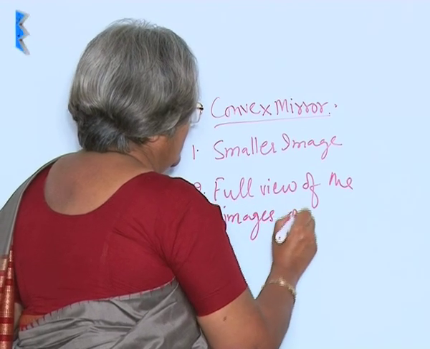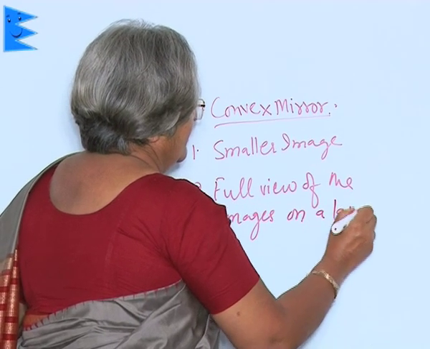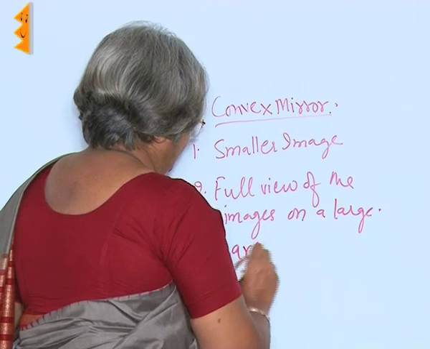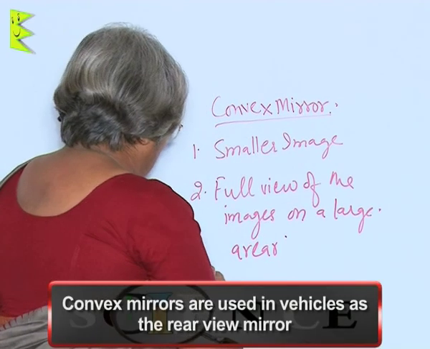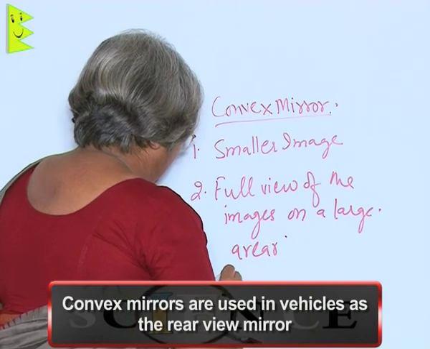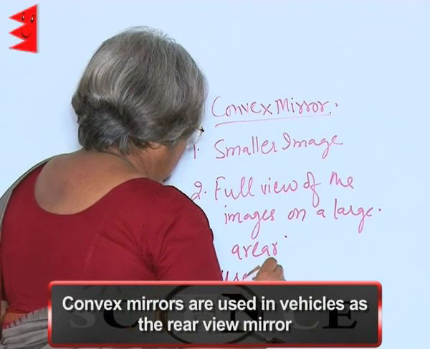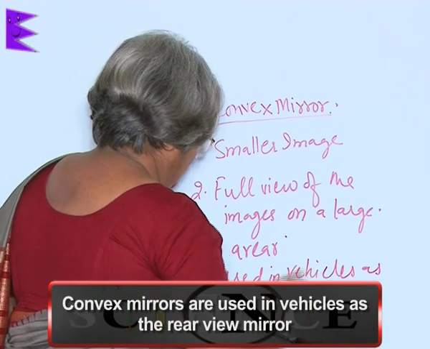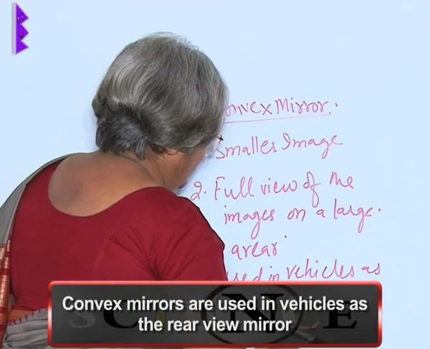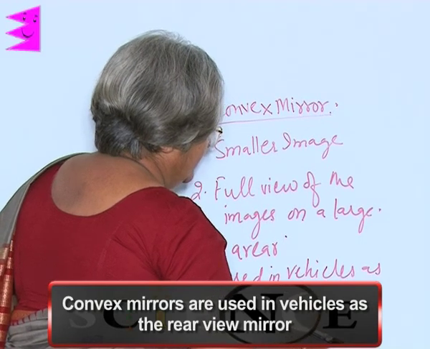Images on a large area. So, that is why the convex mirrors are used in vehicles as the rear view mirror.